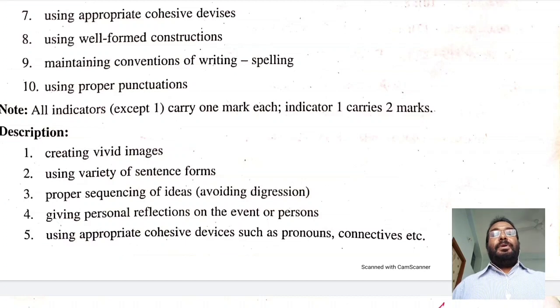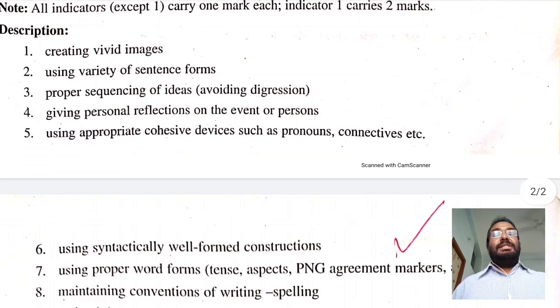Then naturally, proper sequencing of ideas should be there. Then some personal reflection on the event or on the persons. Description can be of three kinds: about an event, about a person, and about some incident. And whatever it is, we have to give personal reflection.